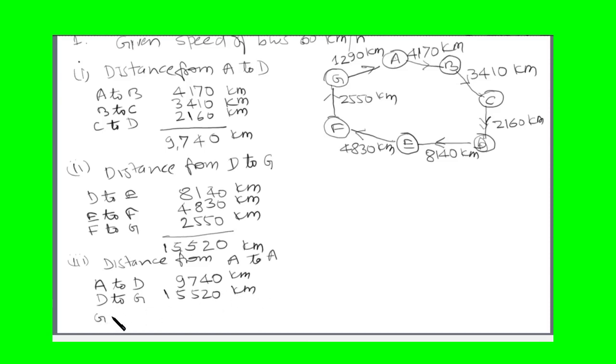And G to A, from the given diagram, 1,290 kilometer, and their sum comes out to be 26,550 kilometer.